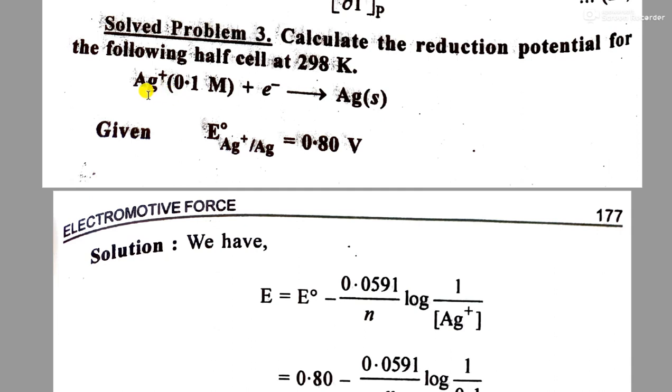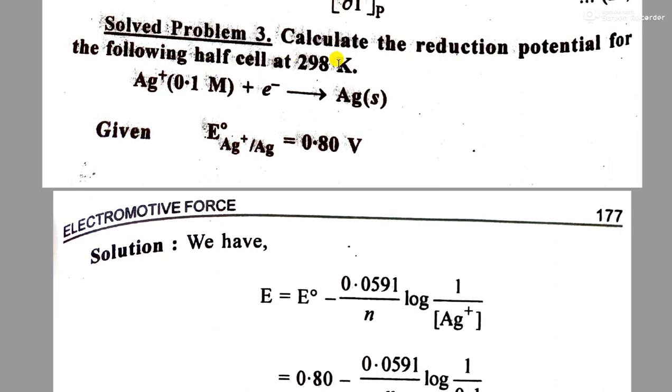So only one part of the reaction is represented in this. Here the reduction reaction is given, that is Ag plus an electron giving Ag. This is the reduction reaction only. Only half of the cell reaction is represented here, and you are asked to calculate the reduction potential for the following half cell.